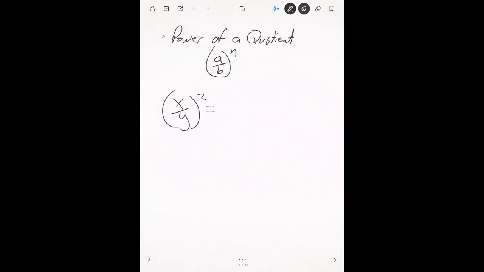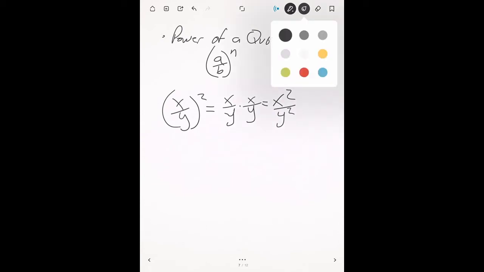Okay, now let's take a look at the power of a quotient property. With the challenge of taking x over y, whole quantity squared, we can say, well, that's just x over y times x over y, which is just x squared over y squared. Maybe we do have a similar shortcut here.